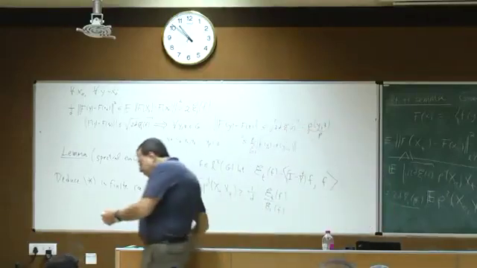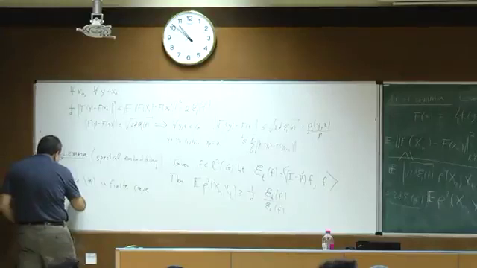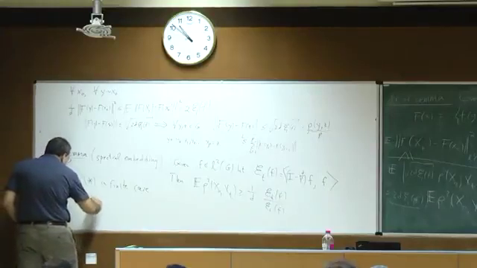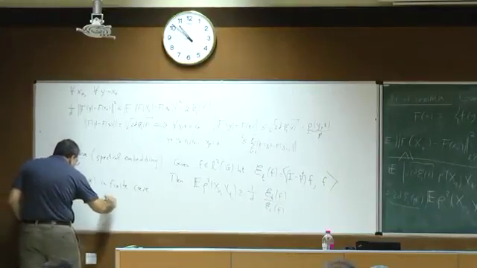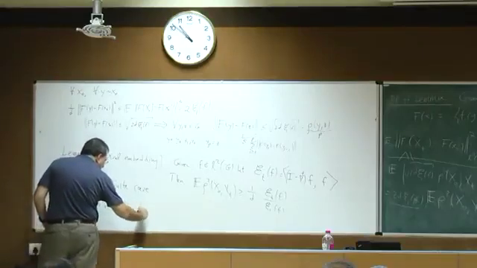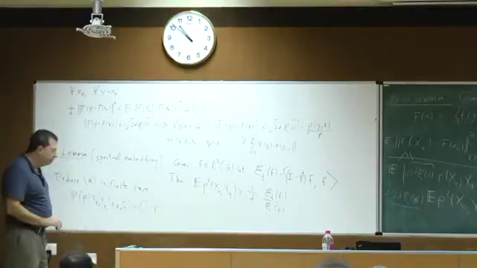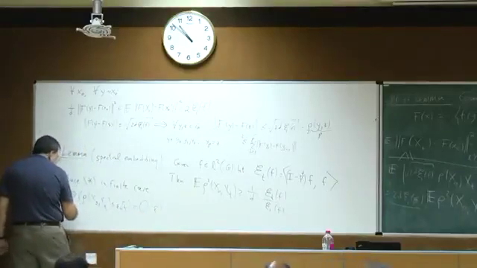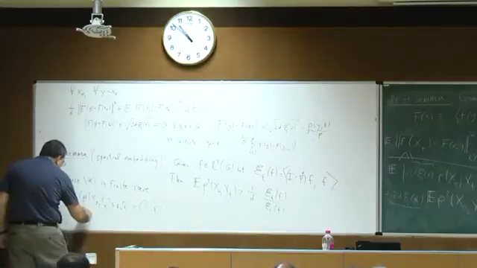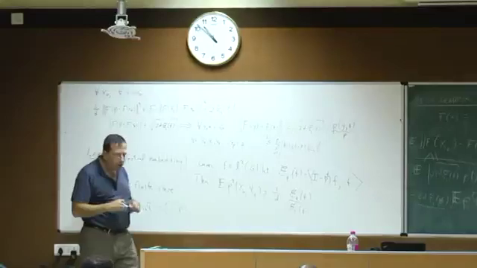A refinement of this bound says that the probability that the distance from x0 to xt is less than epsilon root t should be of order epsilon, provided t is not too large, so t should still be less than the relaxation time, and epsilon is not too small.